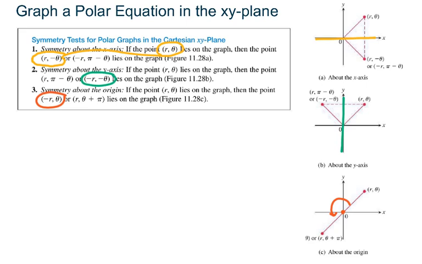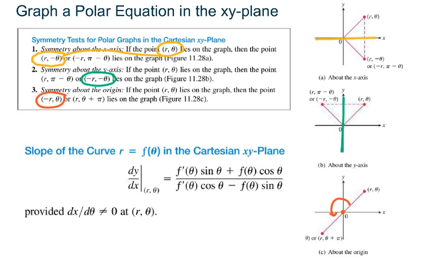So the other thing I mentioned that we need to talk about is slope. We have a formula for the slope of a polar curve, r in terms of theta, in terms of x and y.